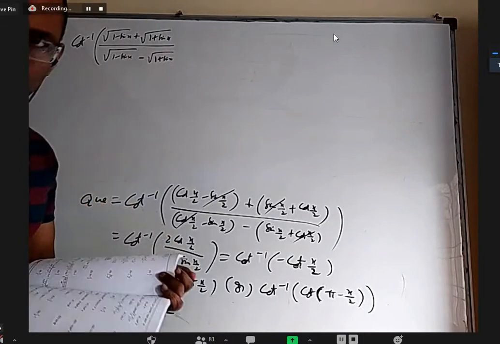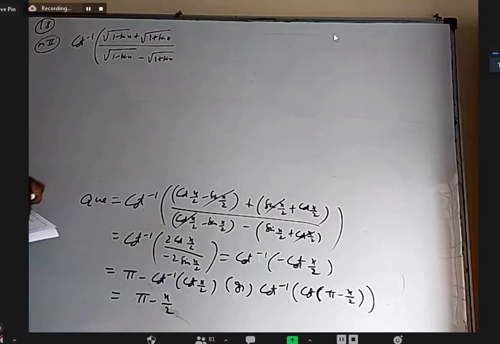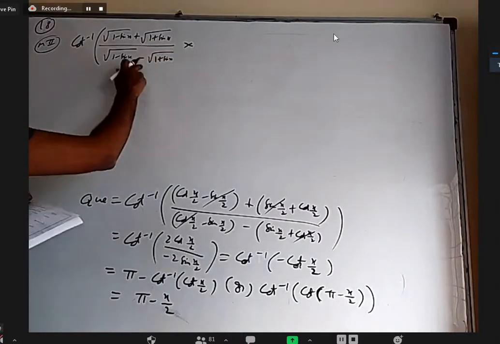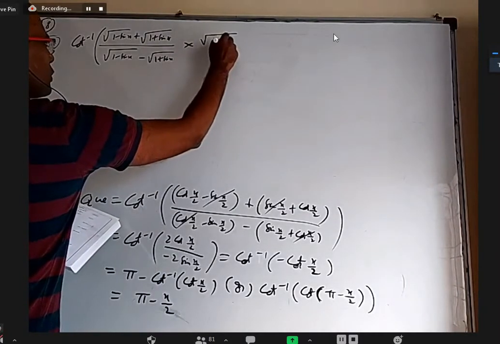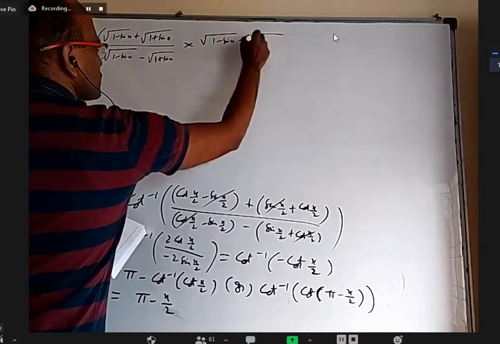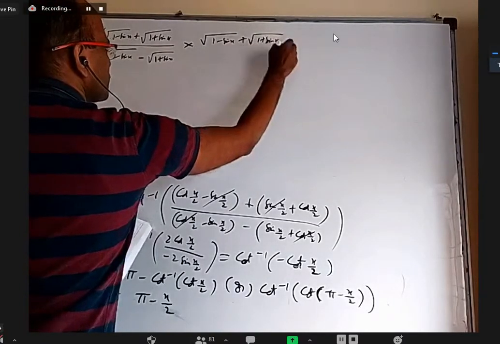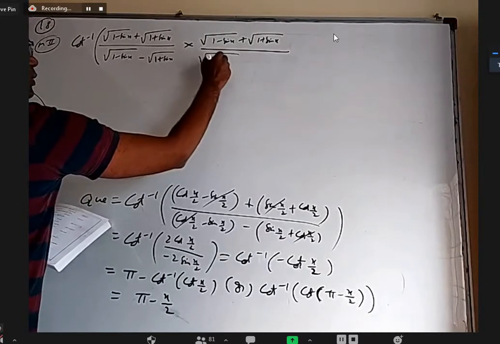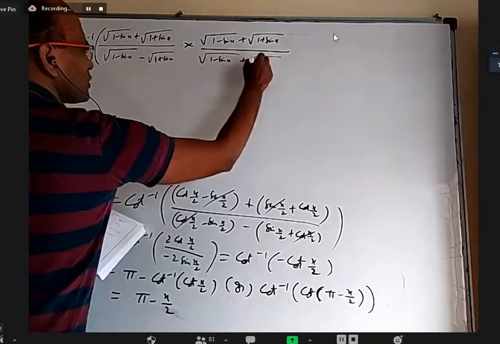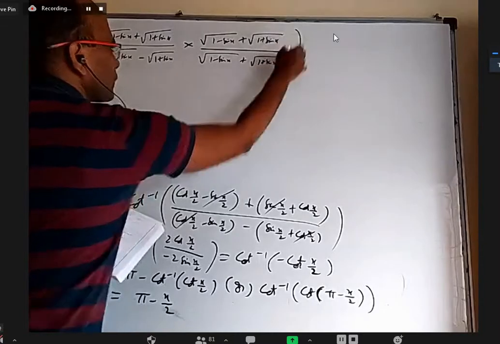This was the question. I want to rationalize, so I will multiply with a plus here: root 1 minus sin x plus root 1 plus sin x, in both numerator and denominator.